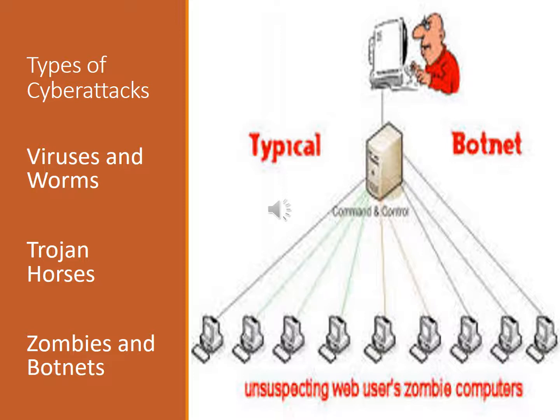You also have zombies and botnets. These are large collections of computers that are controlled by a sort of a single central computer that then sort of tap into this collective computing capability to attack a particular target.